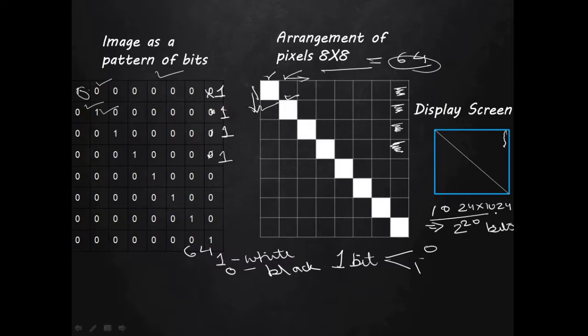Understand? 1024 is 2 to the power 10, again 1024, 2 to the power 10, so the total memory we require is 2 to the power 20 bits. So as you increase the resolution of the screen, the required memory also increases.